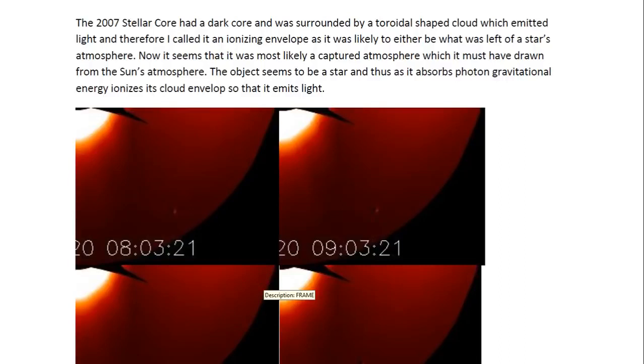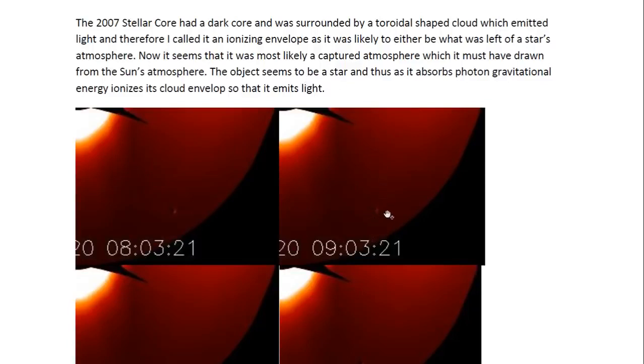And therefore I called it an ionizing envelope, as it was likely to be what was left, either what was left of the star's atmosphere, or it was a gained atmosphere. Well, at the time I thought it was part of what was left. Now it seems that it is most likely a captured atmosphere, because we see these objects drawing that atmosphere from the sun's corona.